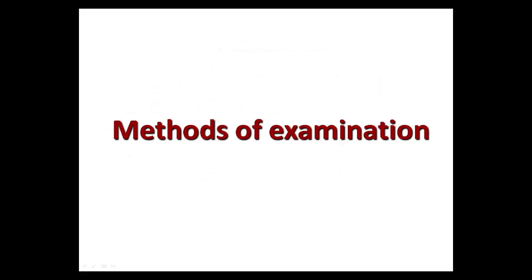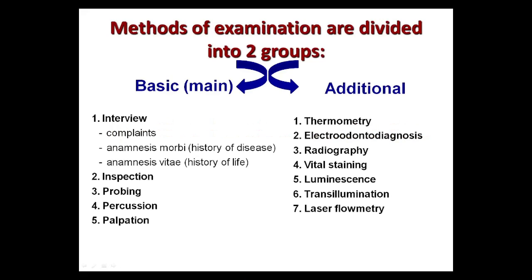First issue is methods of examination. All methods during examination are divided in two main groups. First group is basic or main methods, and the second one is additional methods of examination. First group, basic methods, includes several methods.